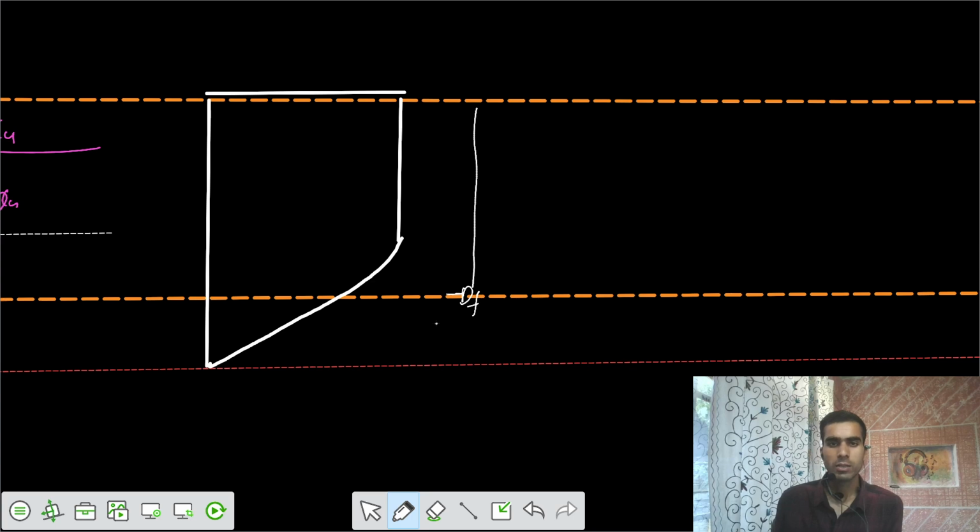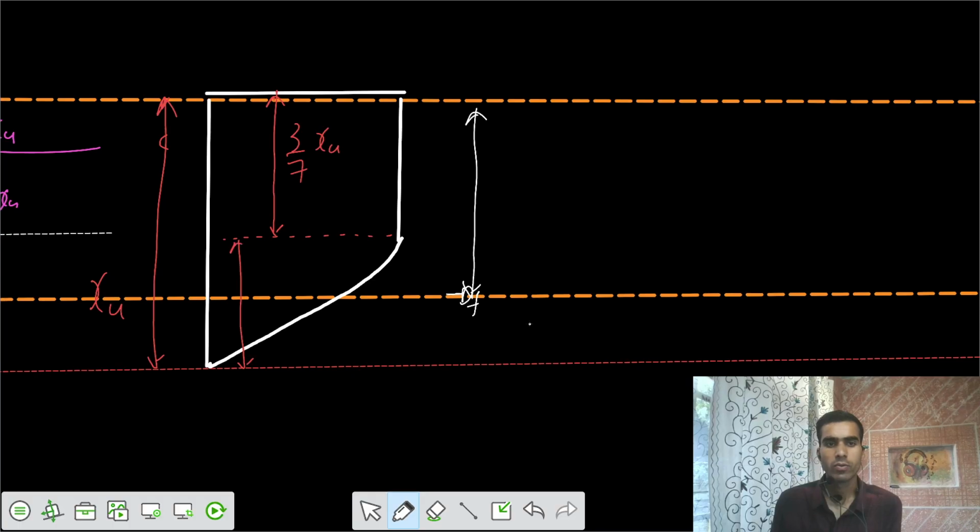That means this part is total DF, but the 3/7 XU is up to the straight, constant stress value. This is XU for the second case, and 3/7 XU is up to this value, and this part is your 4/7 XU.